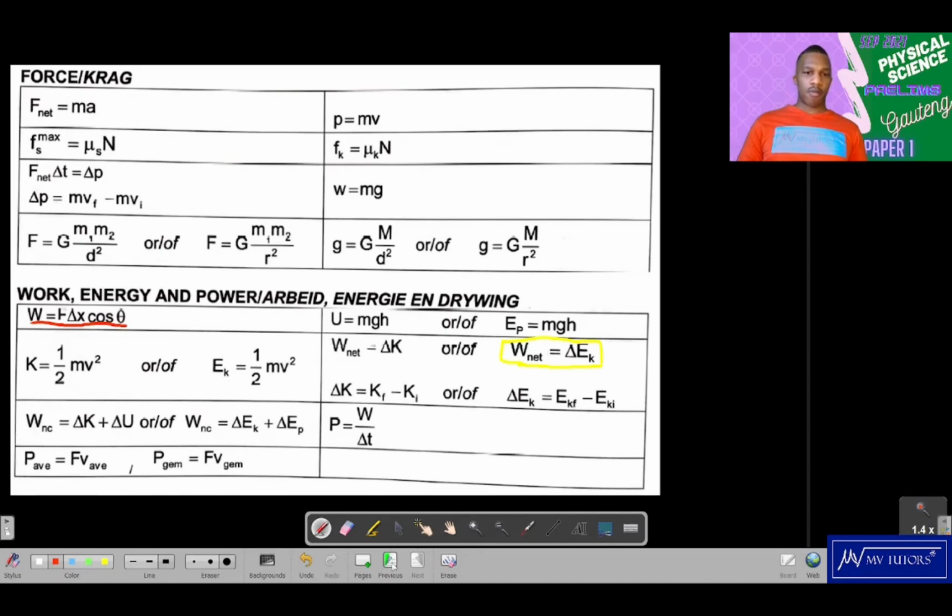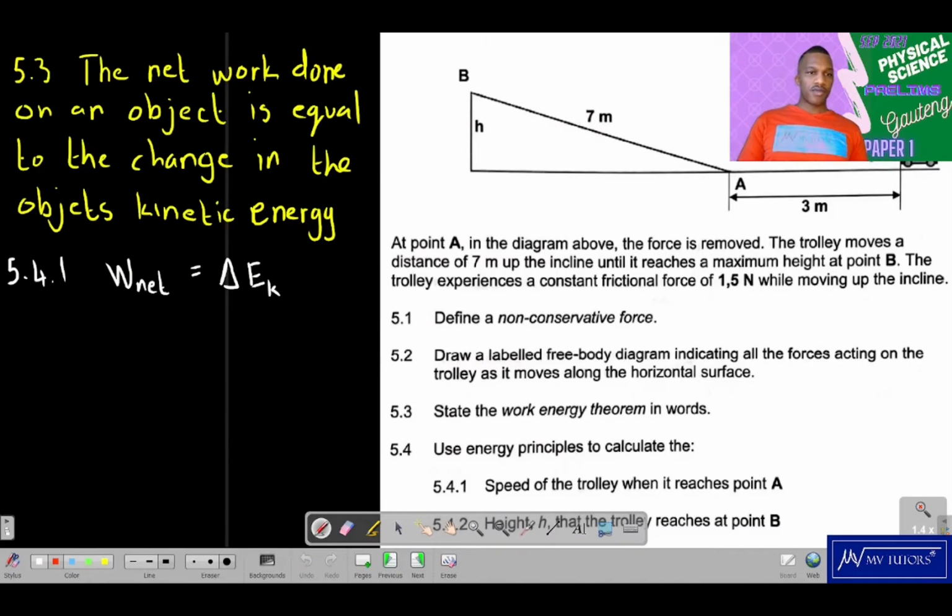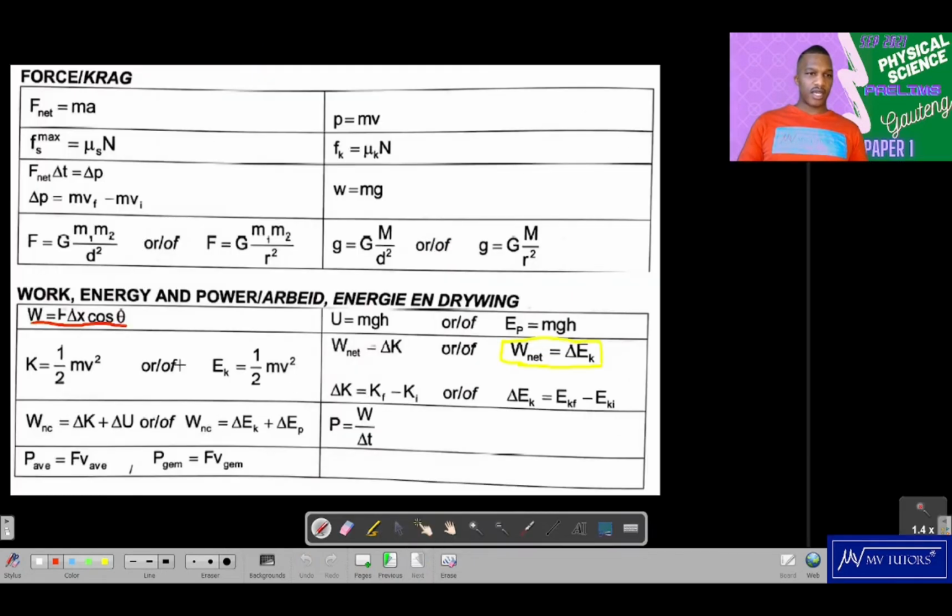All right, let's go back. So we're going to write that then. W net is equal to force times the change in x. Let me see it again.